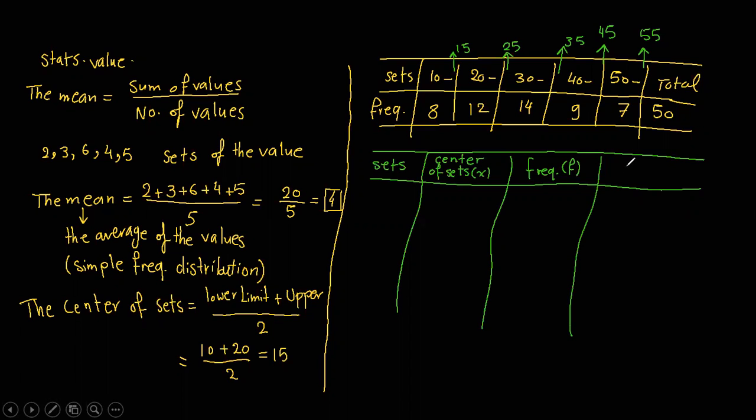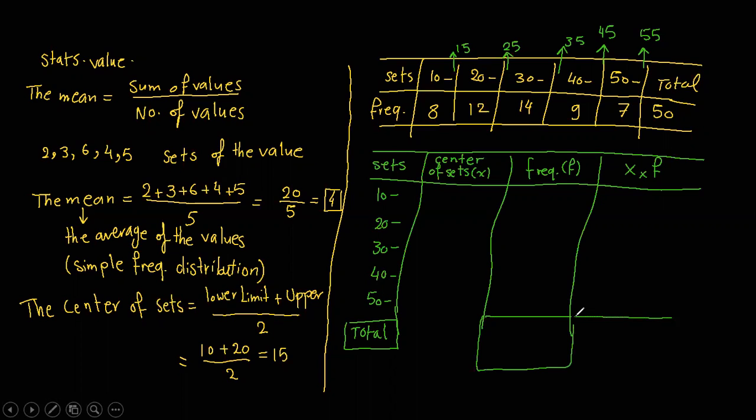Then the product of the value of the center times frequencies. The sets will be 10, 20, 30, like in the table, 40, 50. Then we want to have a total of the value of frequency and the sum of x times f.